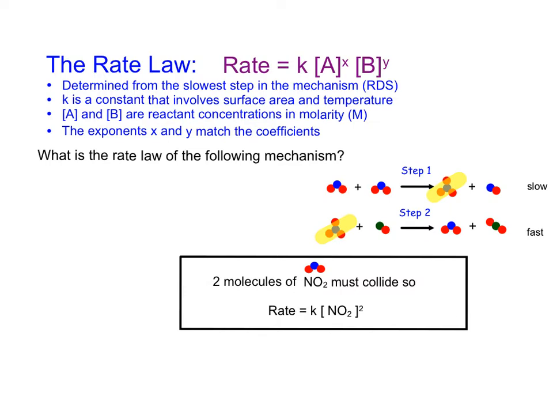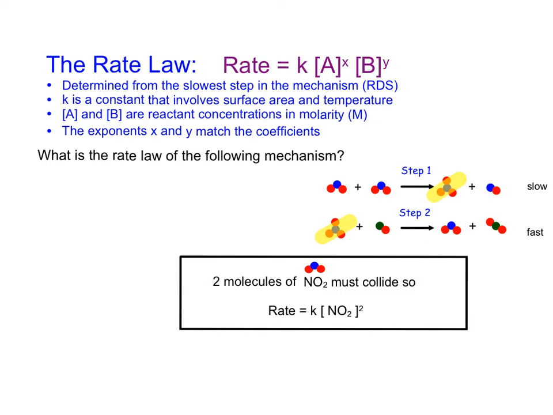The rate of a reaction is equal to k, which is a constant that comes from surface area and temperature, and it's dependent on a lot of different factors that we're really not going to go into, times the concentration of your reactant in your slow step to a power that we're going to talk about, times the next reactant in your rate determining step raised to a second exponent that, again, we're going to talk about in a second. Remember these brackets here and here.